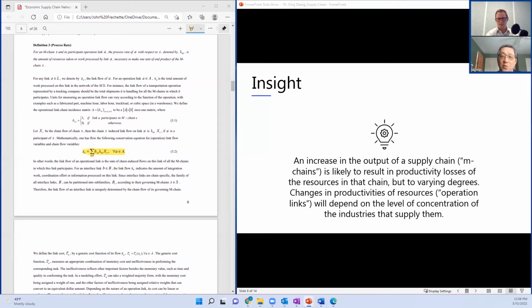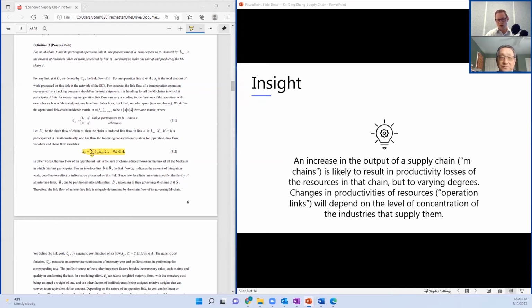But if the bigger M chain has a problem, or goes bankrupt or collapses, then it's taking away all its contracts or production volume. Then it will significantly impact the small chain, the other M chain that has a relatively small volume on this operation link, because this whole operation link will collapse.